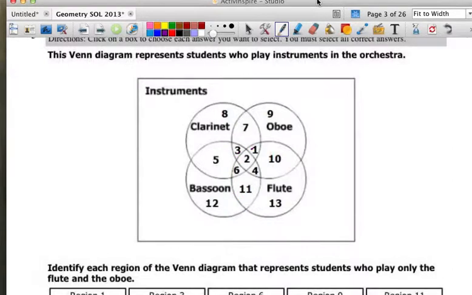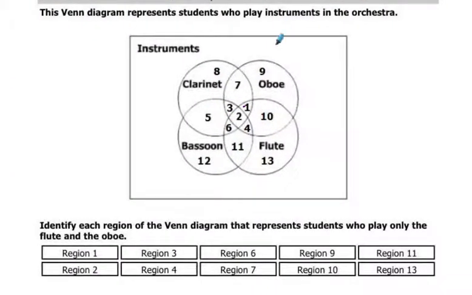This circle is flutes. And this circle up here is oboes. Which number plays both flute and oboe? Plays only flute and oboe. Which one? 10, you are correct. Okay, be sure to have faith in yourself because you are a smart person.